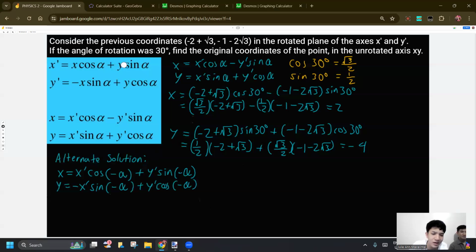Also note that I did not copy this formula directly except changing the angles, because it won't make sense. We're looking for the original coordinates, so those are technically the x and y, but we just switch them. So we want to find the original coordinates from the already primed coordinates.